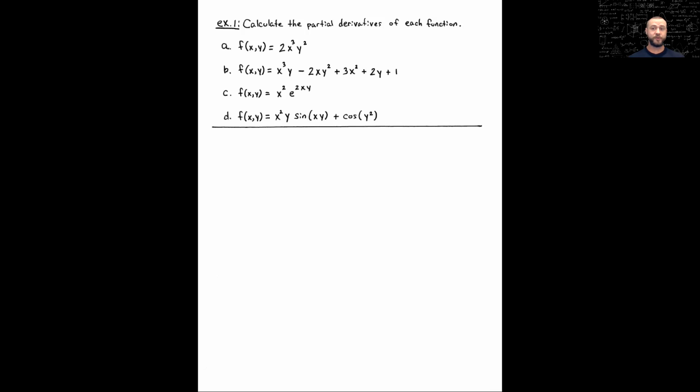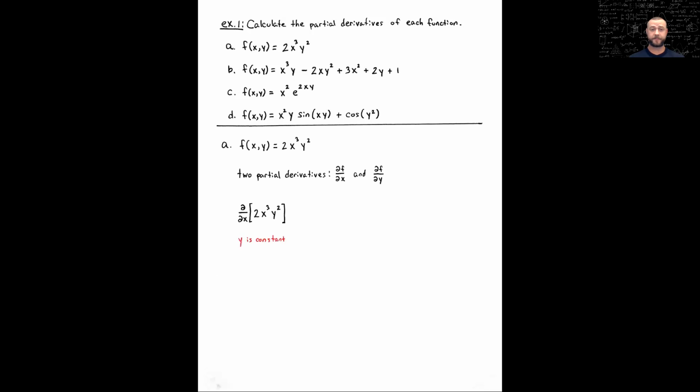The other group of students, those of you that have not completed multivariable calculus yet, we're going to go through part A together and then slowly give you a chance to try parts B, C, and D, which gradually get more complicated. All right, so if you're ready, let's get to part A.